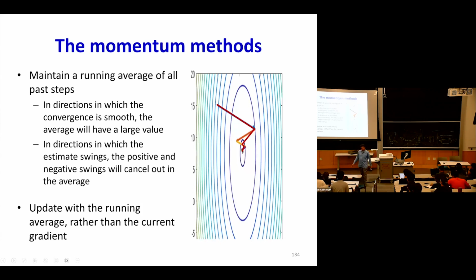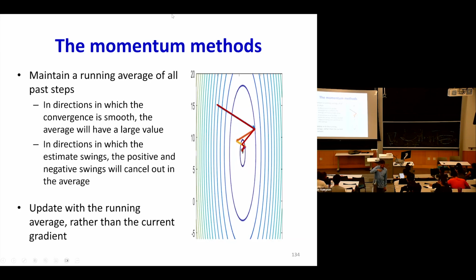If I'm taking steady steps in some direction, then the running average is going to keep giving me a positive value in that direction. Whereas if I'm going back and forth, then the running average is going to slowly cancel, the positives are going to cancel out the negatives, and my steps are going to get smaller and smaller in that direction. Make sense?